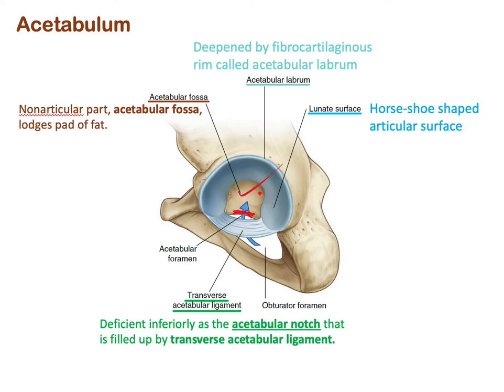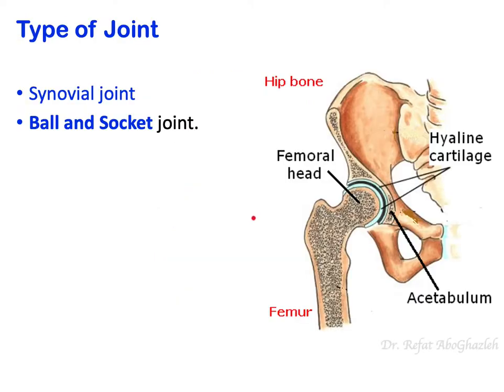Because of the presence of this transverse acetabular ligament, it converts this notch into a foramen known as, from the name again, the acetabular foramen, for blood vessels and nerves. So these, I think, are the most important structures here.